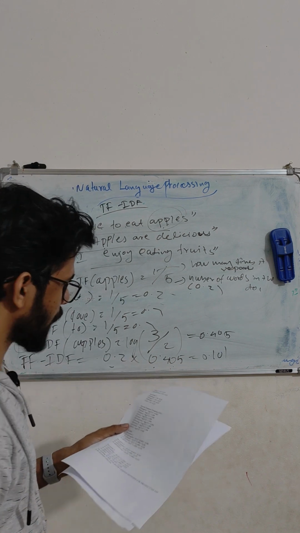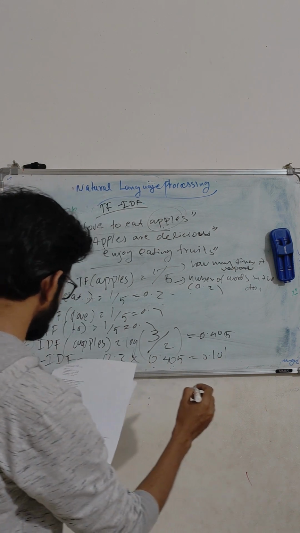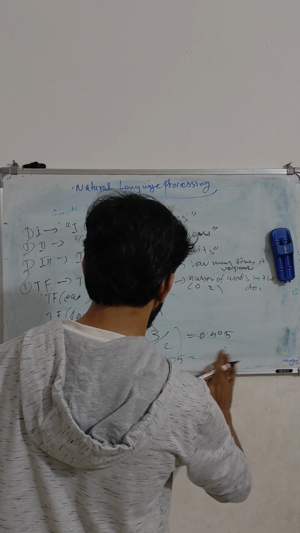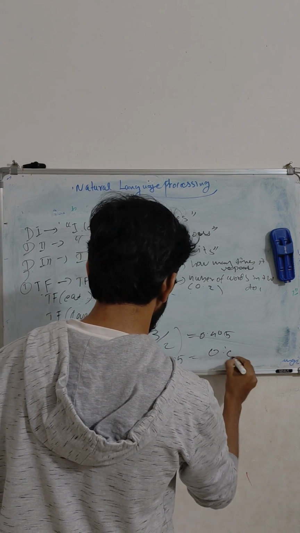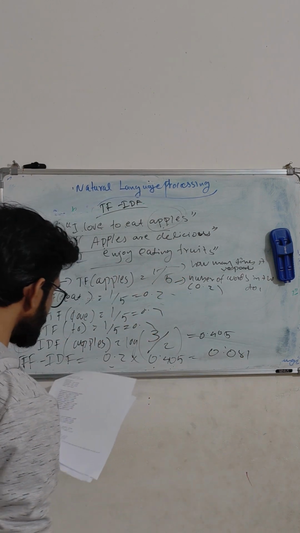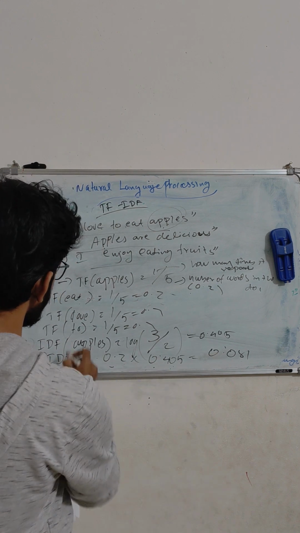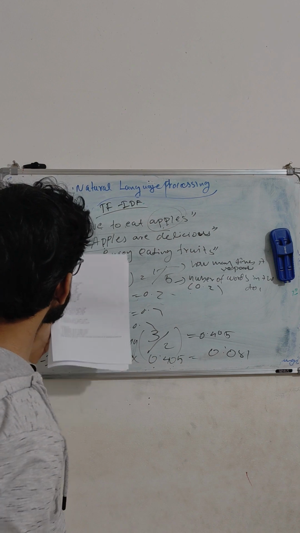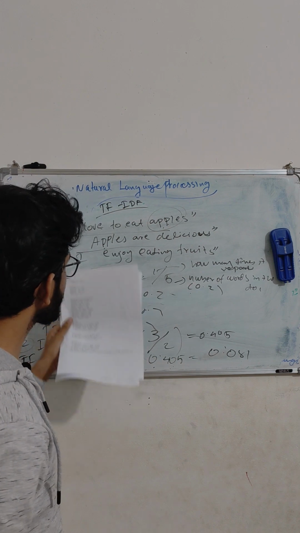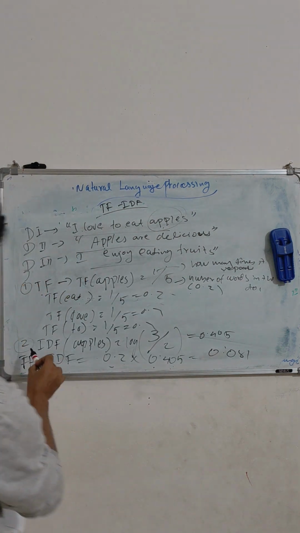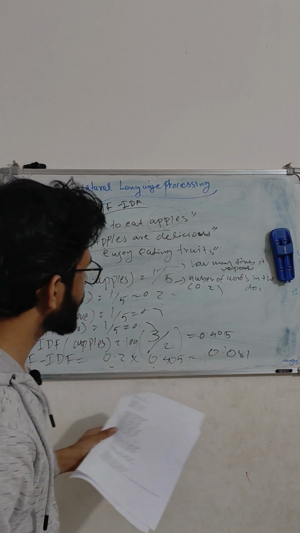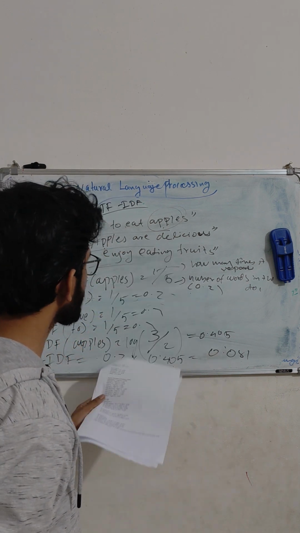So TF-IDF for apples is 0.081. Similarly, you have to calculate each word from the document, and for the first document we only show the first document. You can calculate it for the rest of the docs yourself.